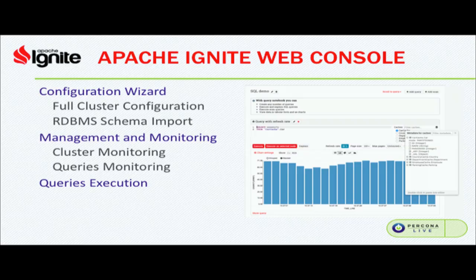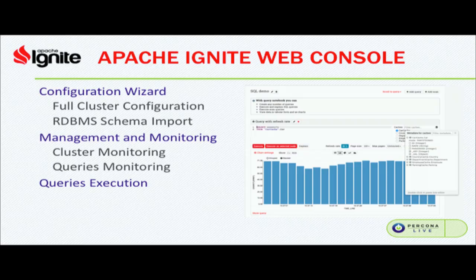From the SQL perspective, the first thing is that if you have your database, and for instance, you want to stick MySQL with an Apache Ignite cluster, then the first thing you can do with Web Console is to connect to your database, import schema and the other configuration parameters from it, and all this stuff will be turned into Apache Ignite configuration, so that after that you can start your cluster with some ready-to-be-used configuration.